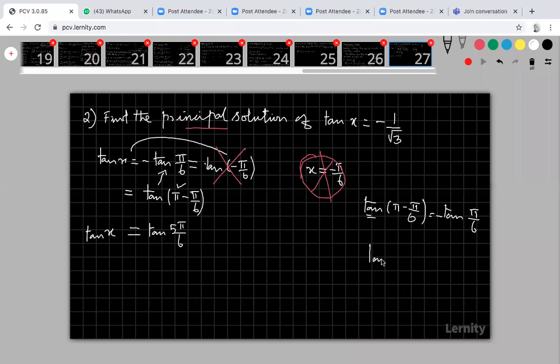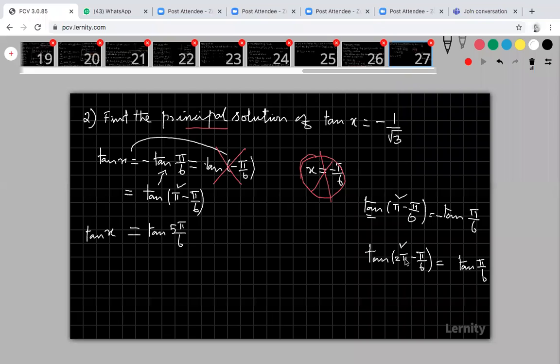Suppose I am taking tan of 2 pi minus pi by 6. What is the answer? Again, I am telling you, if pi or 2 pi is given, don't change the function. That is tan pi by 6. But here this angle belongs to the fourth quadrant.